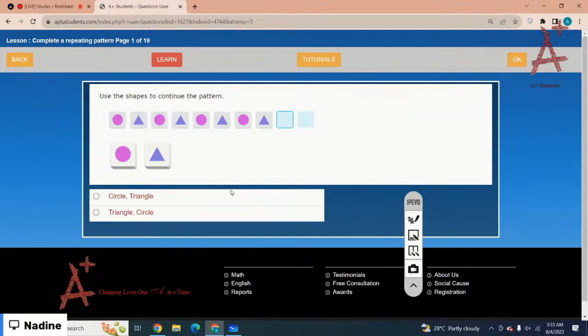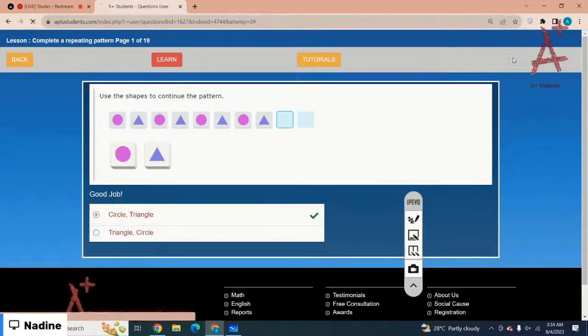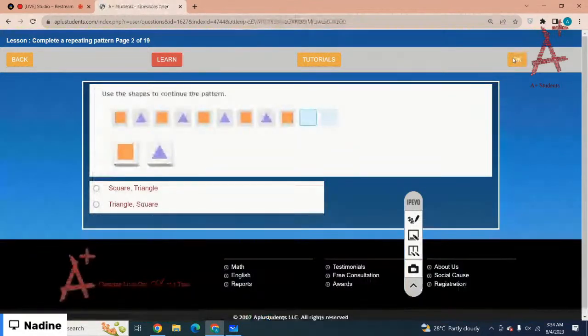Option number one is the correct option, right? Yes, after, okay, I forgot to click on the OK button, sorry. Okay, the next one is use the shapes to continue the pattern. So, which is the correct option?